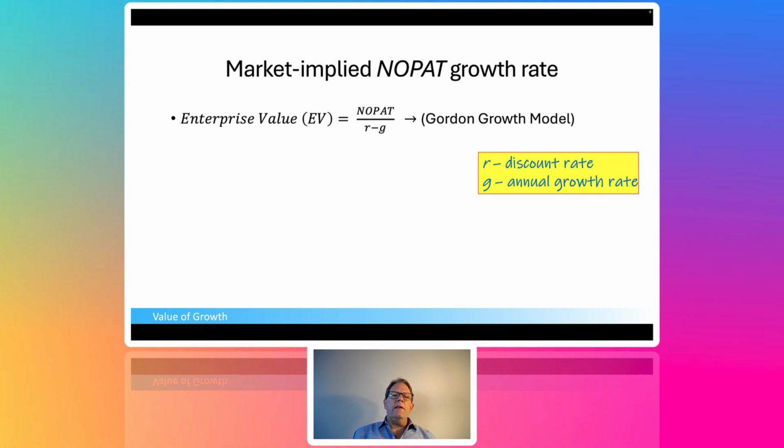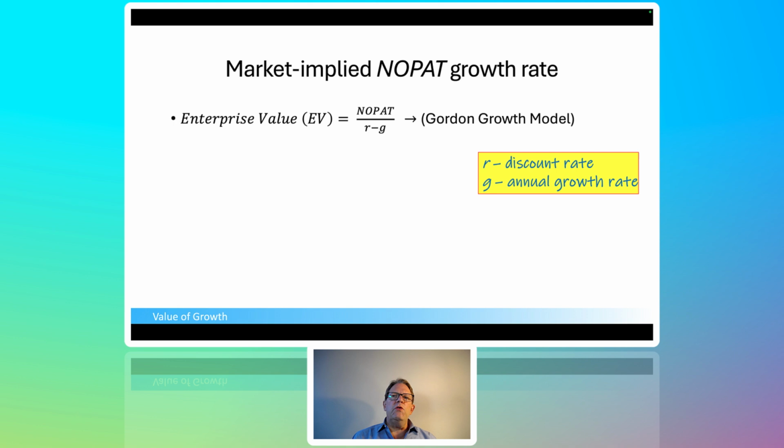All right. We know definitionally that the enterprise value of a company can be modeled with something called the Gordon growth model, which is you take the NOPAT, and as we talked about in all the videos so far, that's a steady state NOPAT. You get to pick the NOPAT.